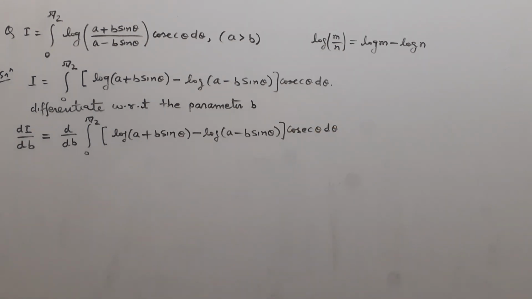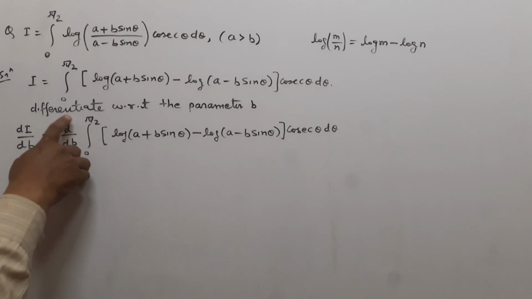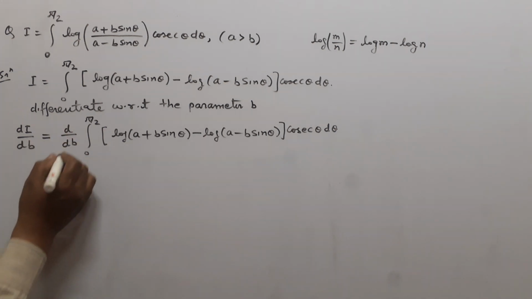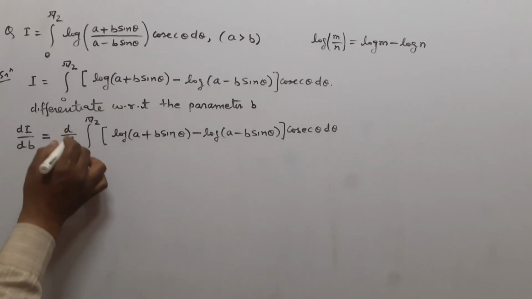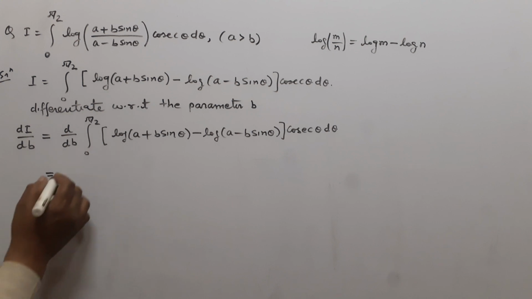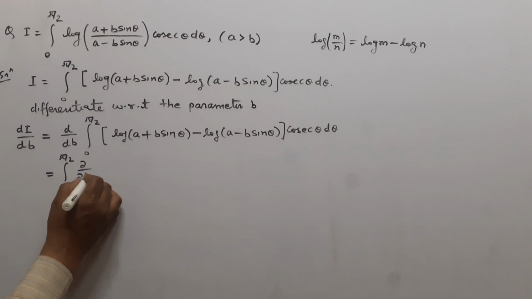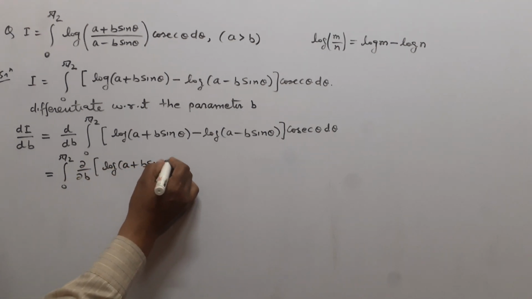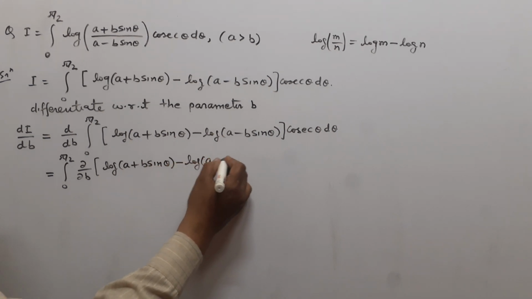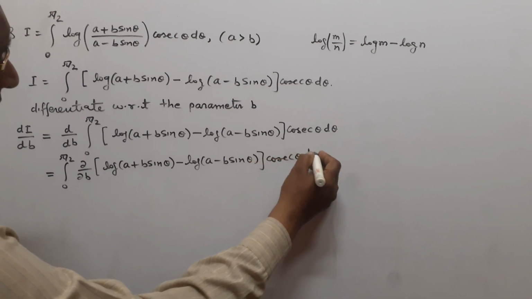Now we know that when d by db goes inside the integral sign, it converts into partial differentiation, del by del b. So this can be written as the integral from 0 to pi by 2 of del by del b of log (a plus b sin theta) minus log (a minus b sin theta), and cosec theta d theta.